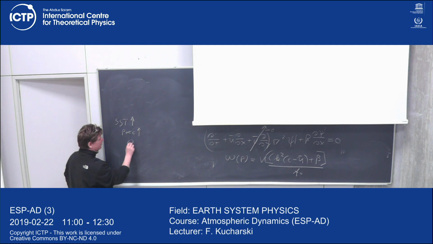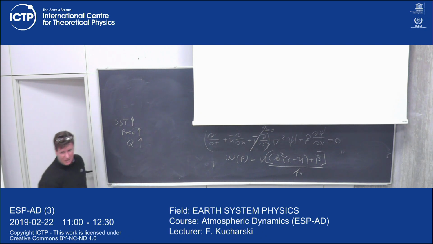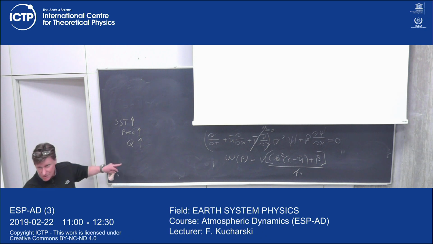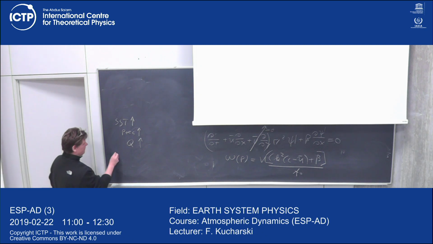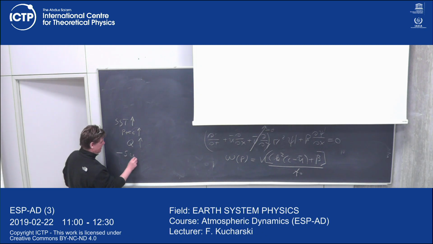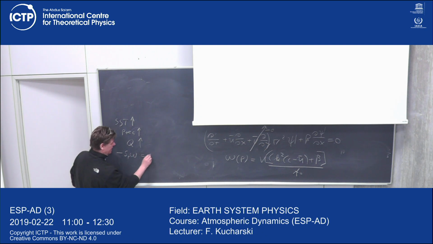So this heating term Q, due to condensational heating, also goes up. That may be compensated again by radiation, but it's not a first order compensation. Then remember our thermodynamic equation in the tropics. It was going like minus S omega is equal to the heating.